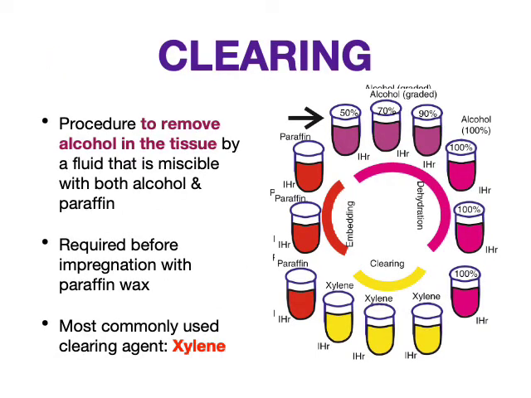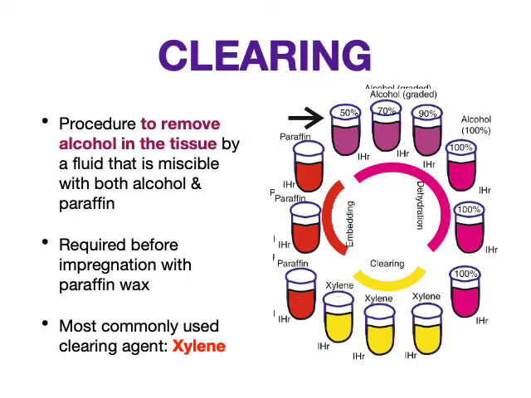Next step is clearing. So we have to remove the excess alcohol in the tissue by a fluid that is miscible with both alcohol and paraffin. So far you had immersed the tissue in the alcohol.